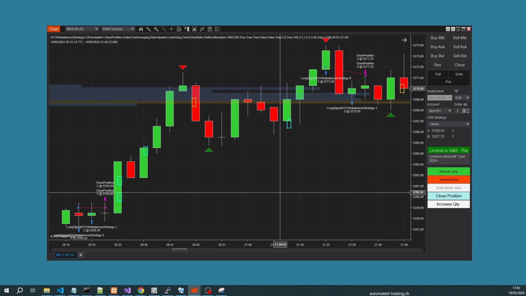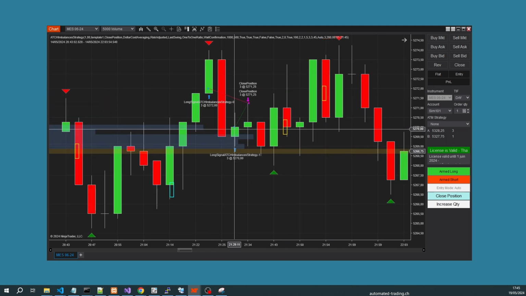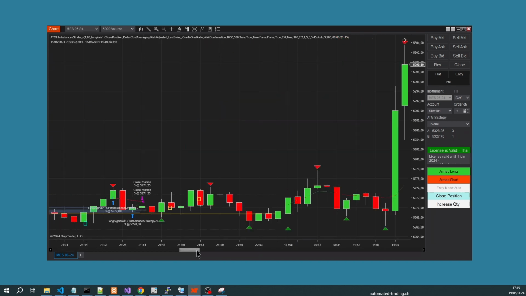For example, here, same scenario, we had a long entry, then we had a green bar that closes below the entry price, so we increased the position, and the average price went down from this entry price to the middle way between those two positions, and we closed the position at the average price.